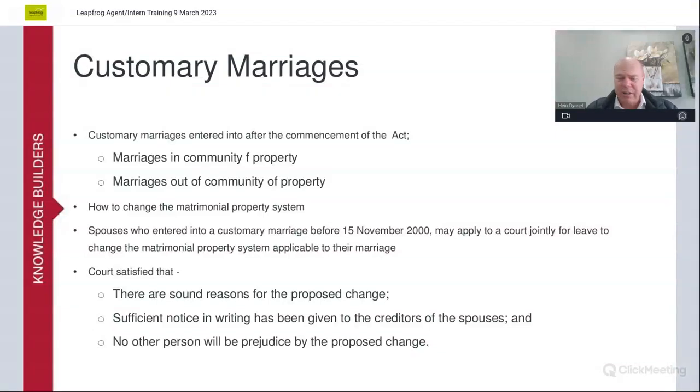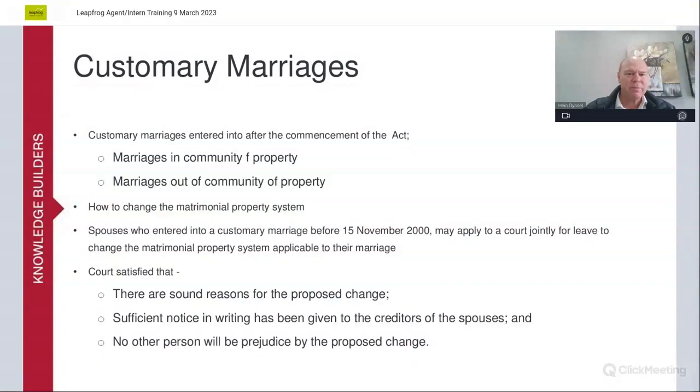And then if no one objects to it, then the court will say, well, okay, that's fine. If no one is prejudiced, no one objected to it, and there are very good reasons why you want to be married out of community of property, then we'll grant you that court order to be married out of community of property.